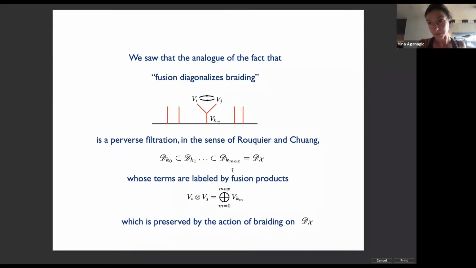The terms in this filtration are labeled by the fusion product, and the special feature of the filtration is that it's preserved by the action of braiding, and braiding acts in a very rigid way on it. It essentially acts on the quotient subcategory just by degree shift. So that's as close as you can get to diagonalizing the action of braiding on the derived category.